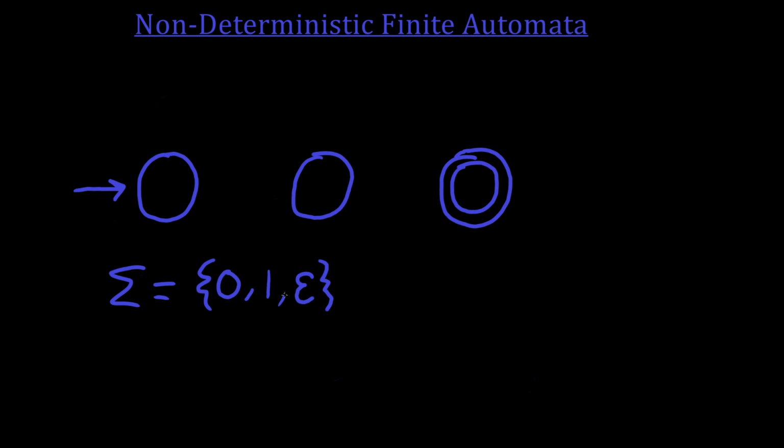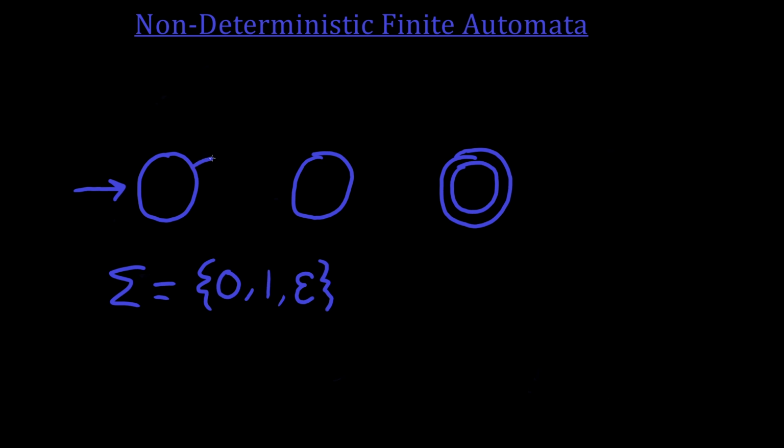Now, the last thing that we needed for a DFA was a transition function. And we also need a transition function for non-deterministic finite automata. However, the transition function and the requirements for the transition function are actually different in the NFA case. So I'm going to draw in valid transitions for an NFA, and we're going to discuss how they're different from valid transitions in a DFA.